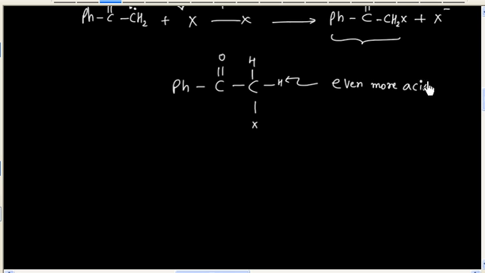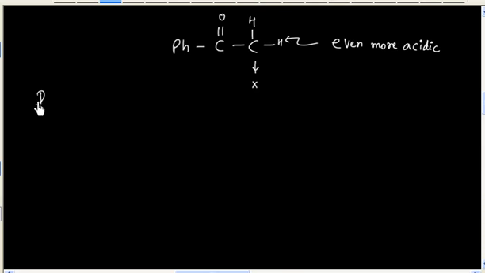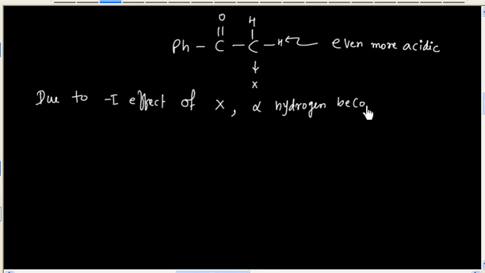And this is because of minus I effect of halogen. So due to minus I effect of halogen, alpha hydrogen becomes more acidic.